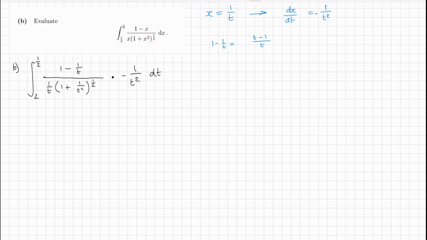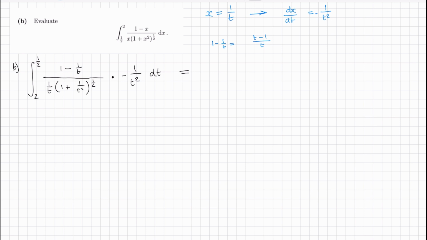Wow. Right. This is daunting, but let's simplify it and see if we notice anything about the integral, because we might be able to use some of the forms that we've proven up to this point.